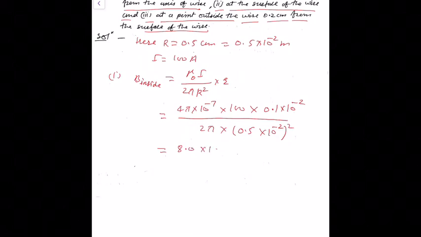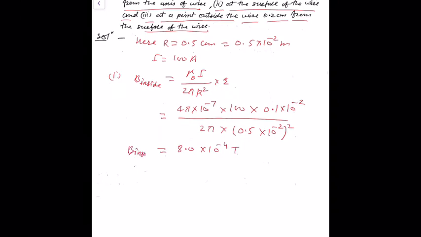After calculation we will get 8.0 into 10 to the power minus 4 Tesla. B inside. Clear?